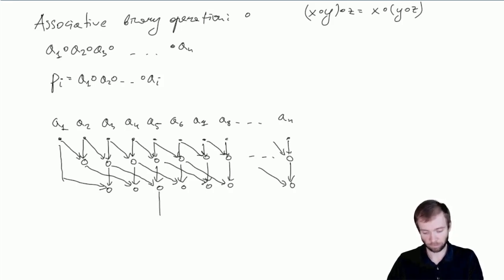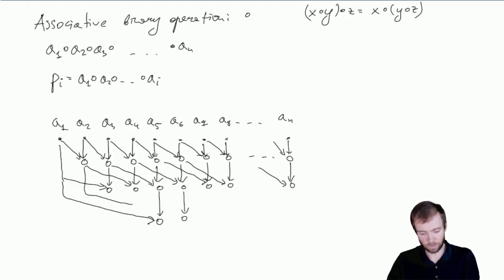So here we'll have a node under this 5th column, and this node will also get this value A1 and compute the product of the output of this node and A1. Now this node will compute the product of its upper neighbor and the node that we had here. So we'll supply it with this value. This node will compute the product of the upper neighbor and this node.